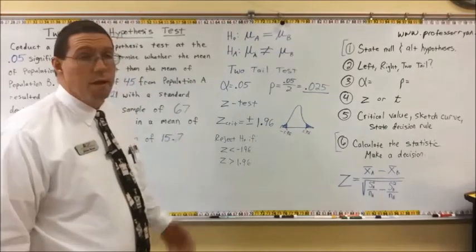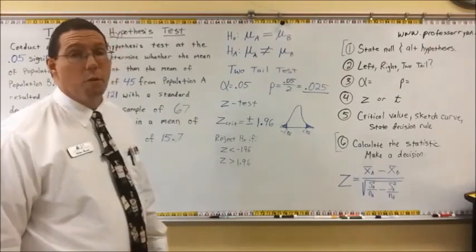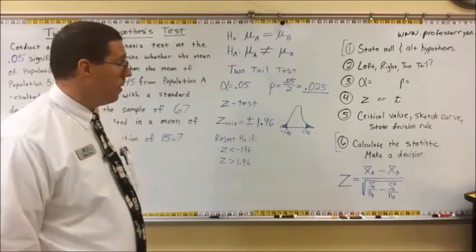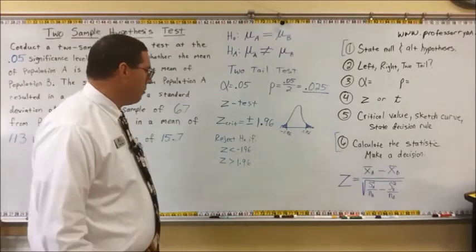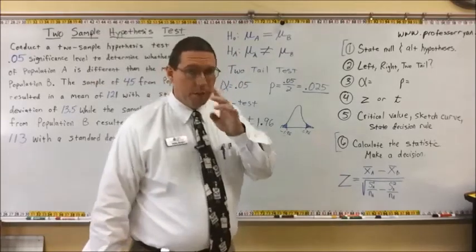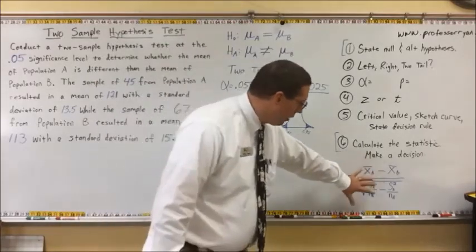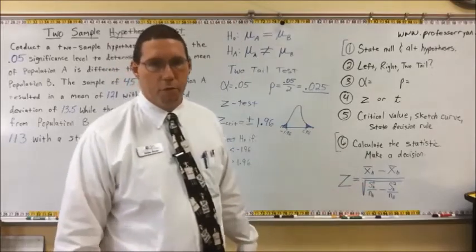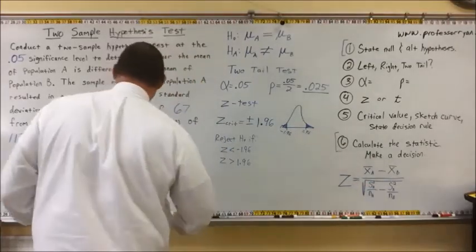This is no different at this point than any of the one-sample hypothesis tests. Now we're about to see a really big difference, because now we have to calculate our z statistic, which is going to be a little crazy because we have a lot of letters in here that we have to fill in numbers for. Okay? So let's do this over here.